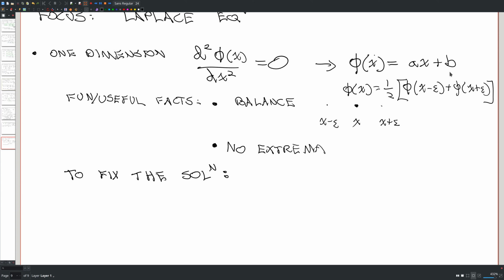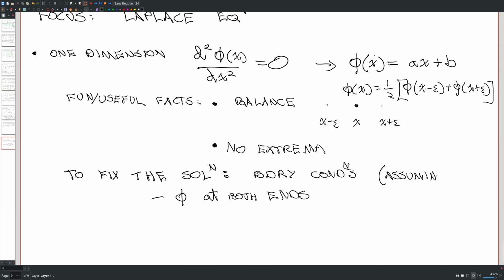And one possibility is for you to give me some boundary conditions. Let me get you used to these boundary conditions, because I'll write them very often. For example, you could give me the value of phi at both ends, assuming boundaries.